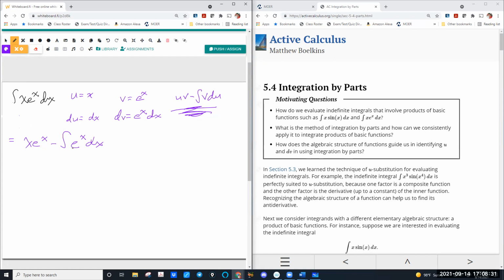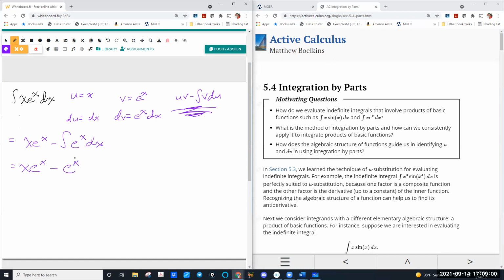Ideally, after a round of integration by parts, we get to something basic, or maybe something that requires a u-sub. But we might not always. We're going to see sometimes this integral may require integration by parts. Okay. This is a basic antiderivative. We actually just did it right here. And we get x e to the x minus the antiderivative, which is e to the x.